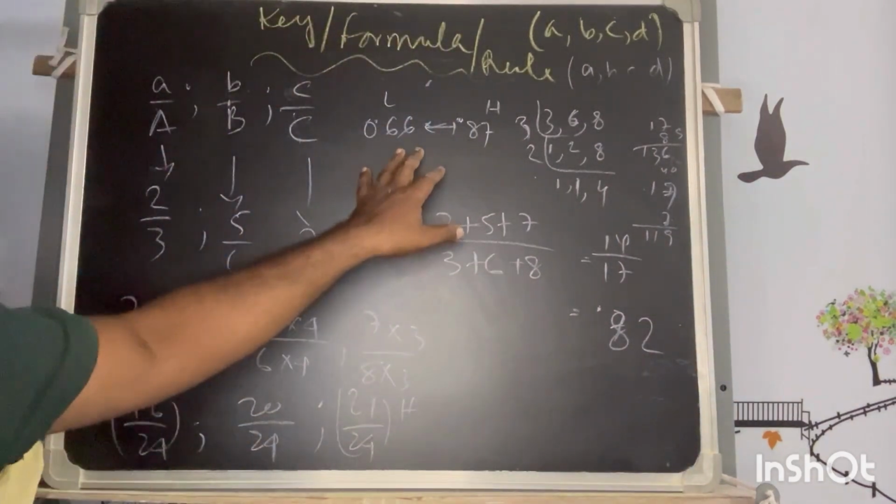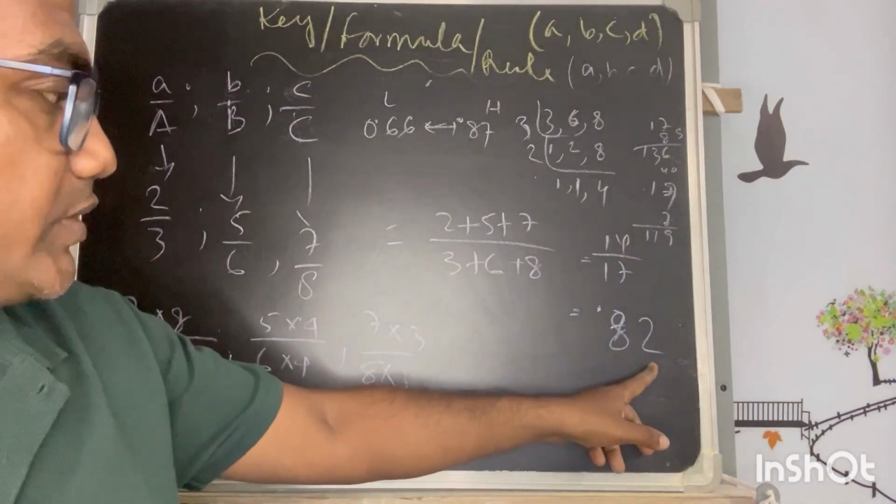So approximately, if I take the ratio of this, it will come up to 2 decimals.